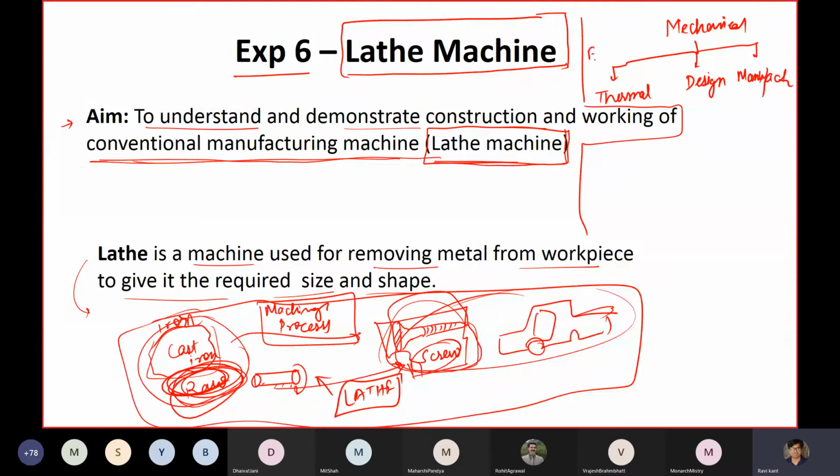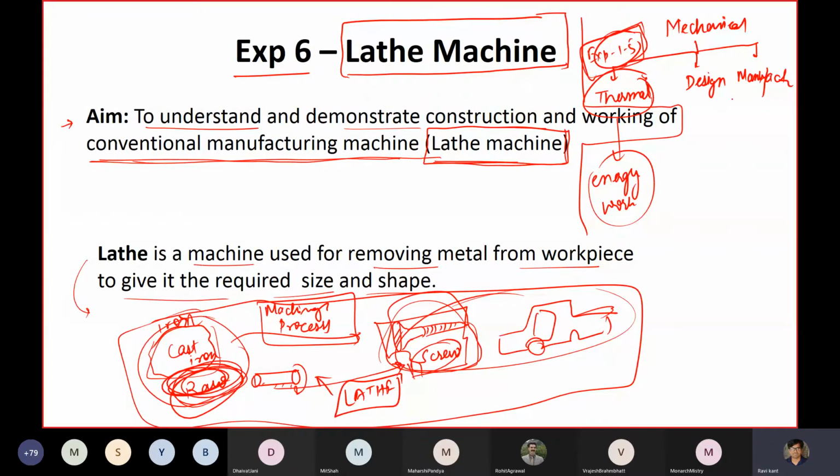Experiments number 1 to 5 were all about thermal engineering. We essentially talked about energy conservation, work, heat transfer, and everything. That comes under thermal engineering, and we have briefly seen things from experiment 1 to experiment 5.